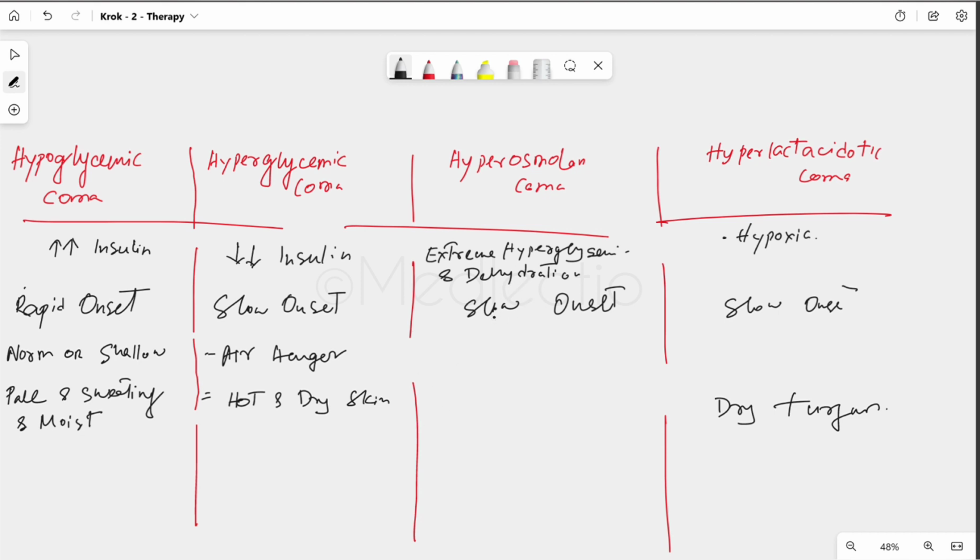So here, what is the imbalance between glucose production and excretion in urine? So hyperosmolar. So imbalance between glucose production in liver and excretion in urine.